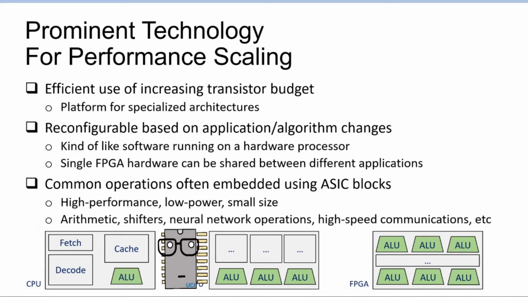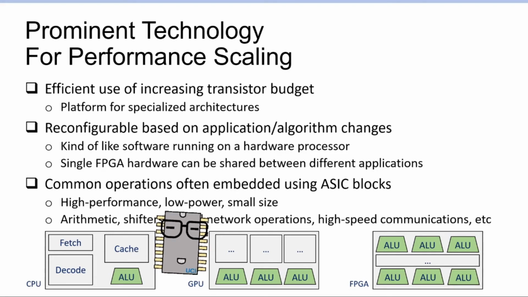On a general purpose CPU, the ALU, which does the actual data path work, you have a small number of them. There's a lot of surrounding infrastructure for managing caches, fetch and decode, things like that. For GPUs, the relative size of these management units as compared to ALUs is much smaller.